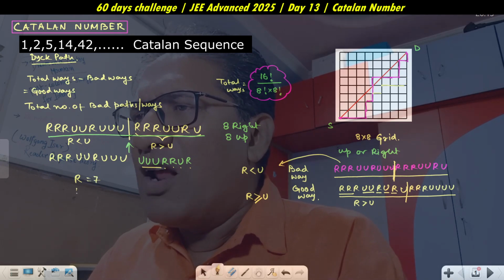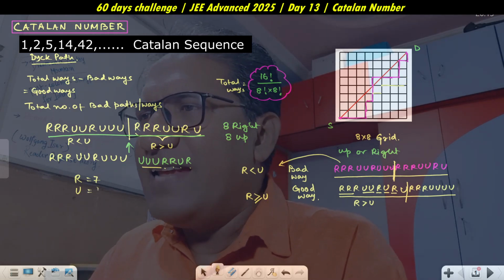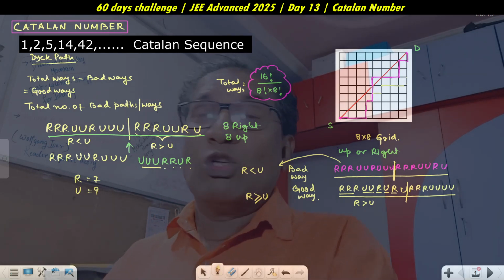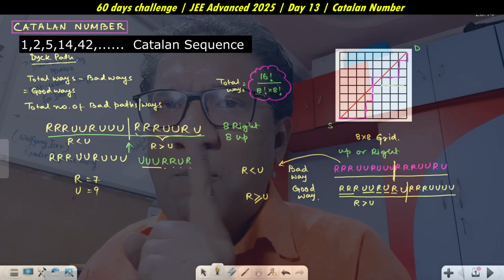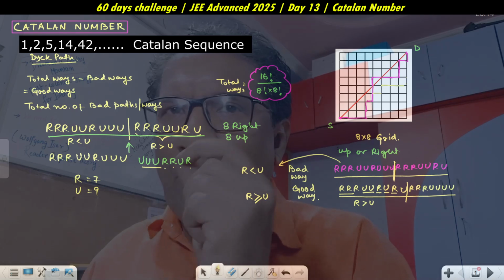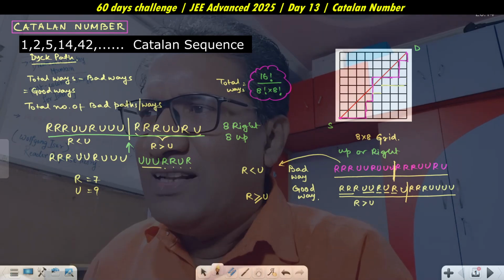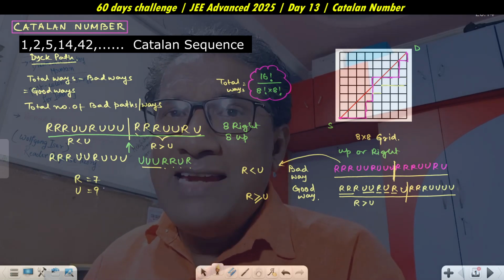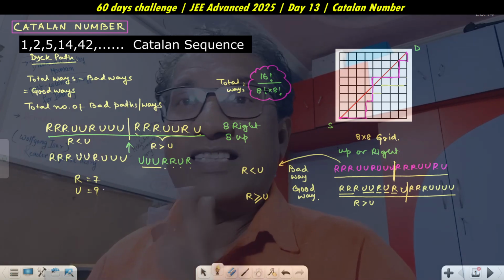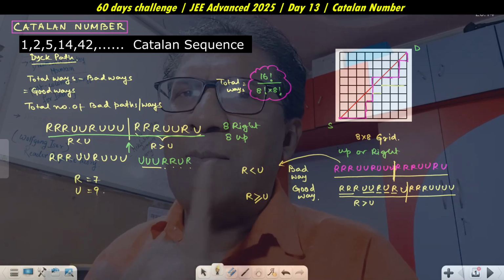And how many up movements are there? It is 9. So for every wrong path, the person travels 7 right and 9 up movements.